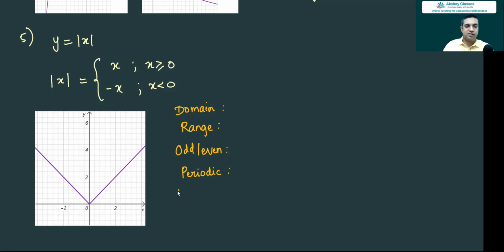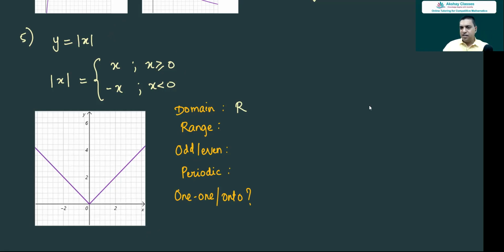And is it 1-1, onto, and so on? What is the domain? Anyone? Minus infinity to infinity. Yes. Domain is minus infinity to infinity, the set of all real numbers.